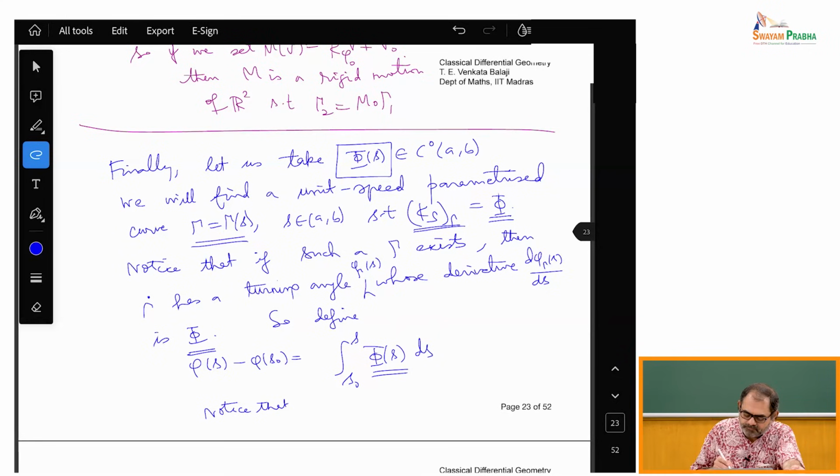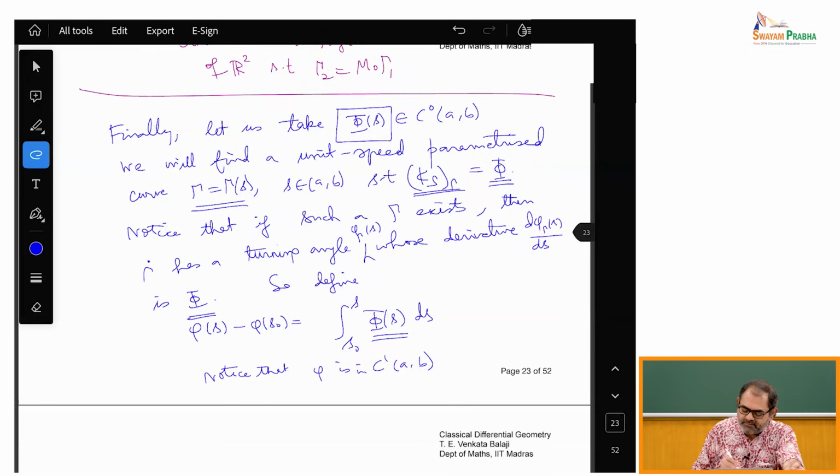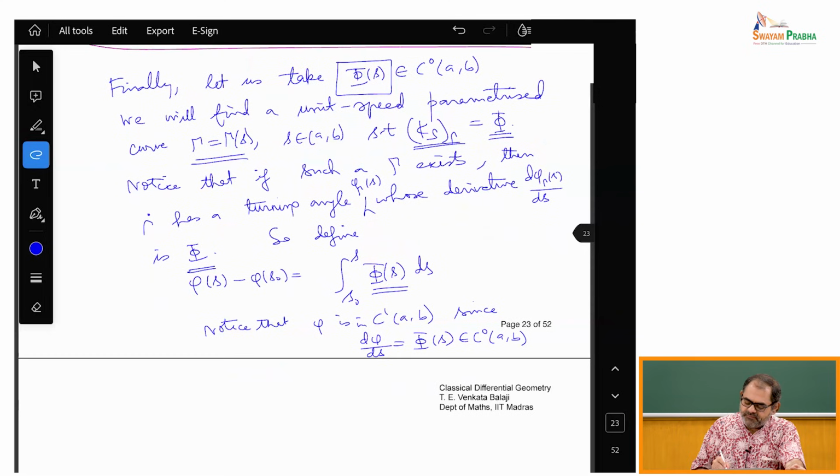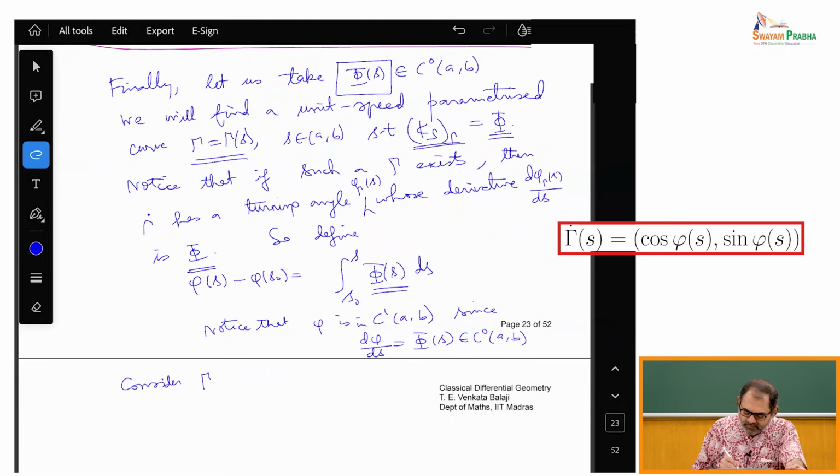So notice that small phi is in C1 AB, okay, all right, because its derivative d phi by ds is capital phi, by the fundamental theorem of calculus, all right, and capital phi is in C naught, okay, and so small phi is in C1, and what you will have is that consider gamma of s to be defined like this, cos phi of s comma sin phi of s, okay.